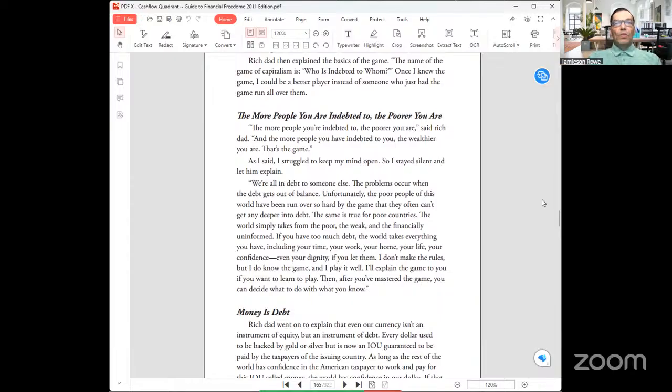The same is true for poorer countries. The world simply takes from the poor, weak, and the financially uninformed. If you have too much debt, the world takes everything you have, including your time, your work, your home, your life, your confidence, even your dignity, if you let them.